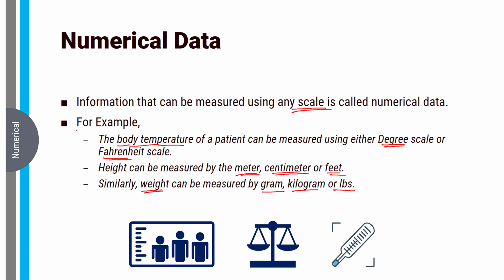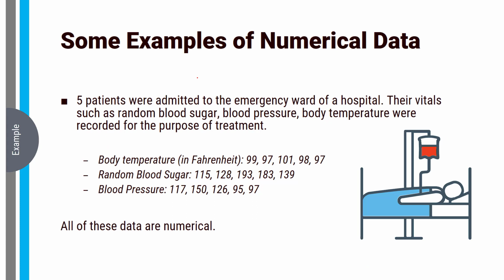So these are called numerical data. The information that you collect can be measured by means of a scale. Now this scale can be any unit, right? Temperature is expressed in terms of degree or Fahrenheit, that is a unit. Similarly, height is measured in terms of meter, centimeter, that is a unit. So if your data has a unit, that is called numerical data, right?